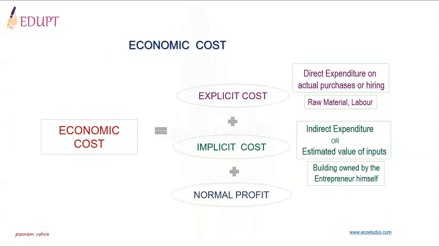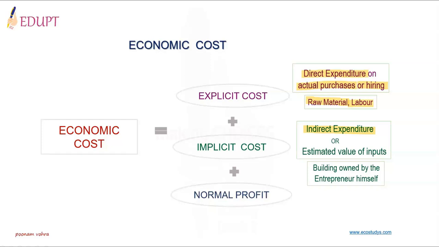Let us understand more about cost of producing a good. Cost of producing a good is the sum of all direct expenditures and indirect expenditures, where direct expenditures include actual purchases made, that is raw material, etc., or hiring factors of production like labor.